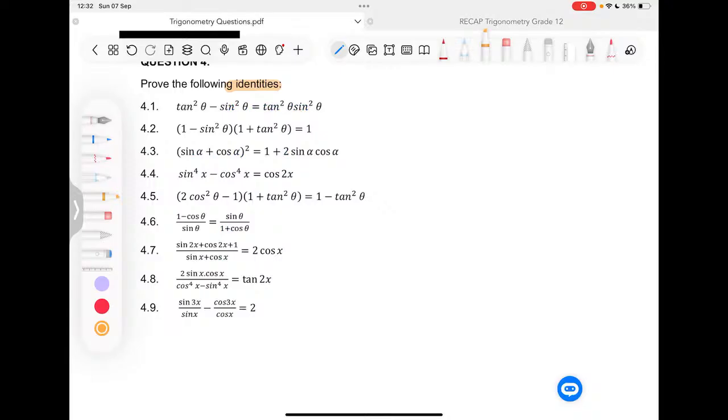I think I just want to do all of these last 3, because I just feel like you might struggle with them. A little bit of explanation there could help, or maybe sharing some of the ways in which this can be done.